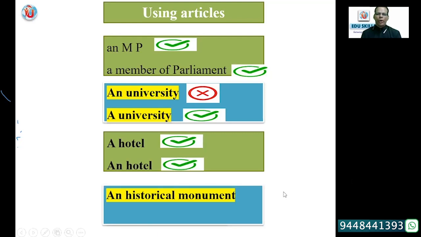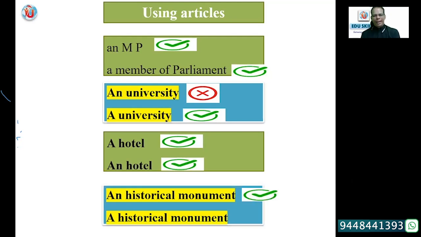And historical monument: a historical monument, an historical monument. H is silent in the first one and pronounced in the second one. Both are correct, but the articles will change. Not very simple, a very big thing. You need not bother, but it's just for an idea.